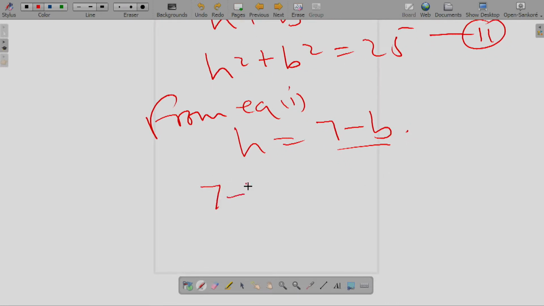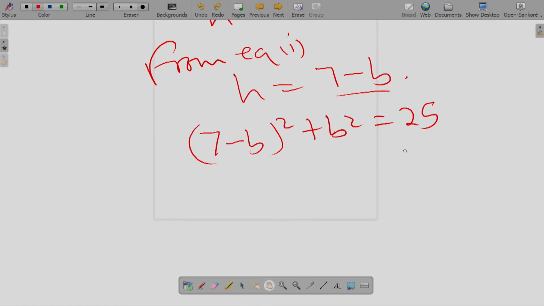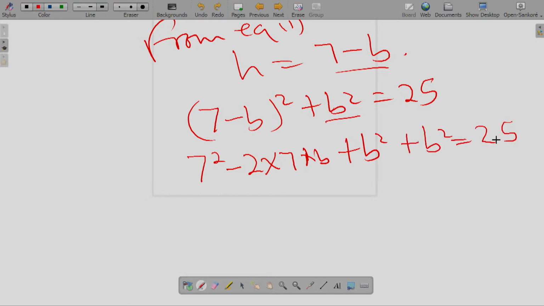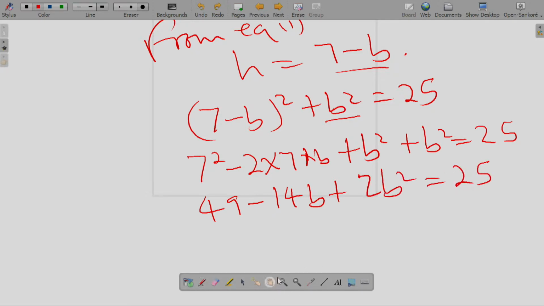So we get 7 minus b, squared, plus b squared is equal to 25. Here we get 7 squared minus 2 times 7 times b plus b squared, and this one plus b squared is equal to 25. So here we get 49 minus 14b plus 2b squared is equal to 25.